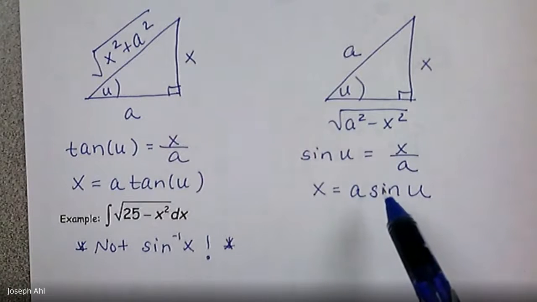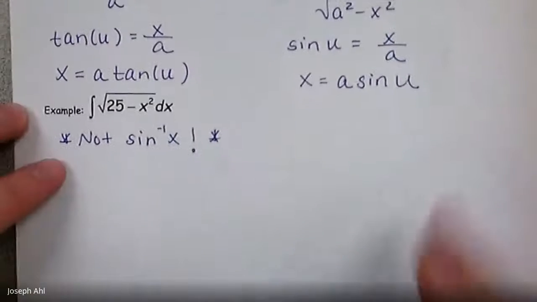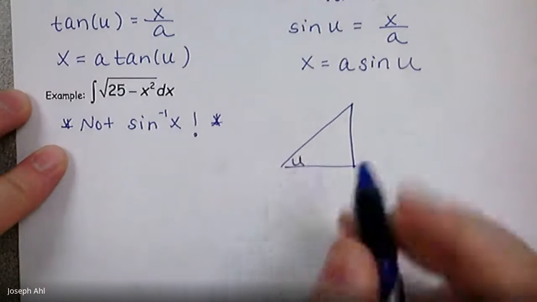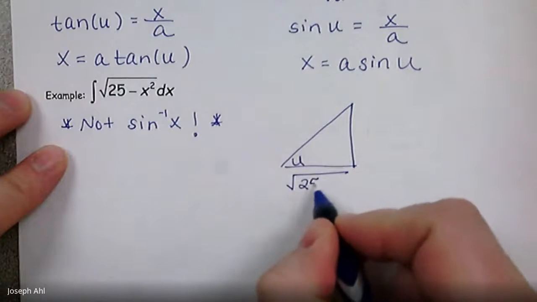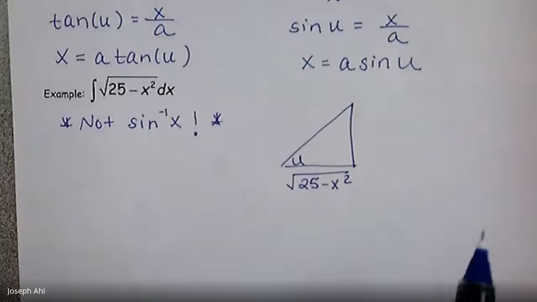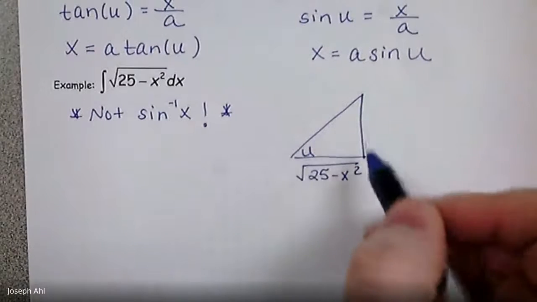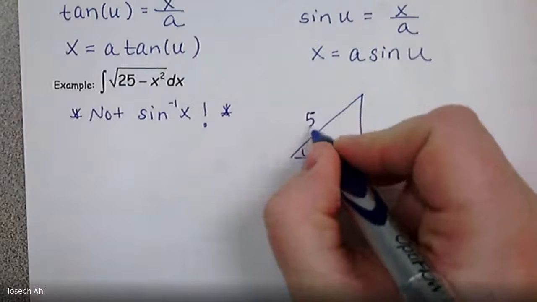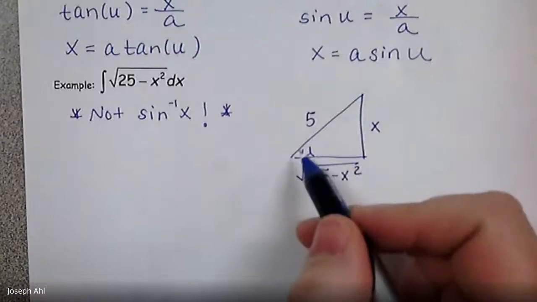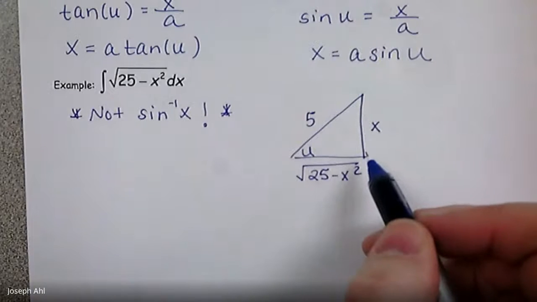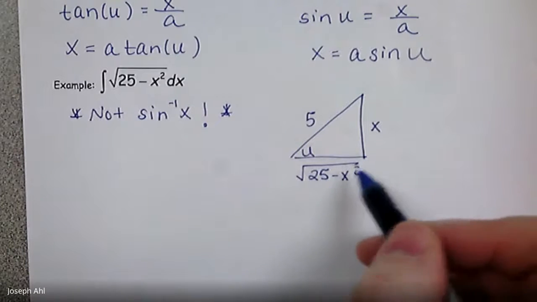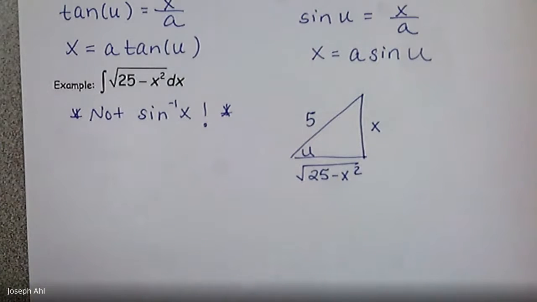Okay. So what I'm going to have you set up is that if that adjacent side to angle u is the square root of 25 minus x squared, how do we then define the hypotenuse and the opposite side to make that true? Well, hopefully you're recognizing that if the hypotenuse is 5 and the opposite is x, then this side that's remaining is the square root of 25 minus x squared.